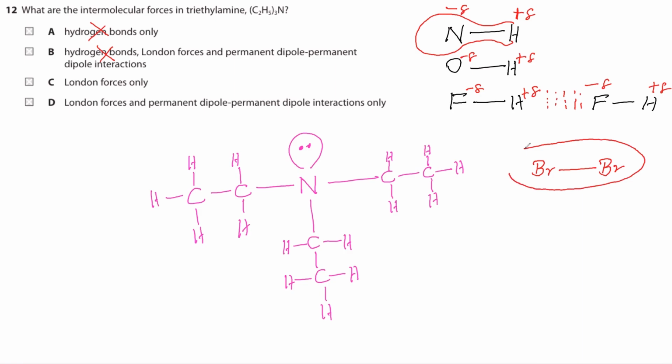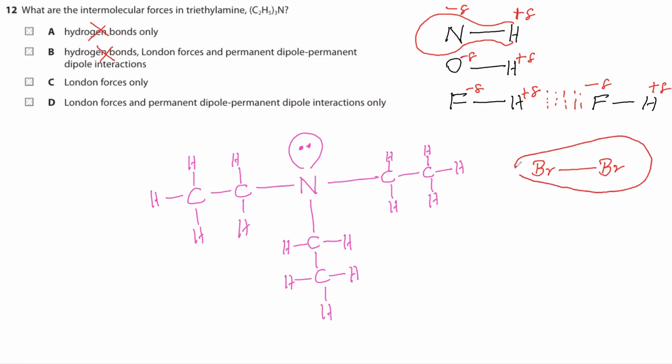Why? Both are bromine atoms, so their pulling power on electrons, or electronegativity, is the same. But there can be sudden instability. Sometimes 2 electrons come close to each other. When they come close, they repel each other. Even though the electron cloud is supposed to be very symmetrical, at one point it can have sudden instability.